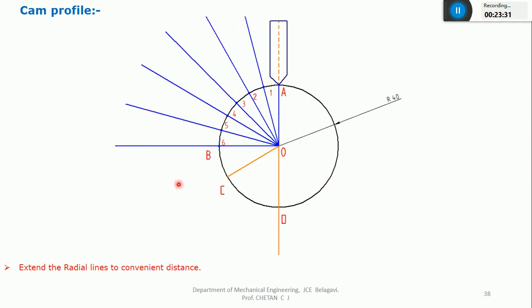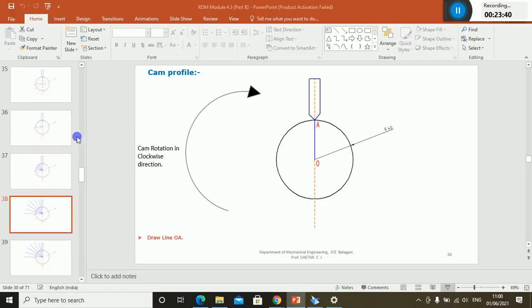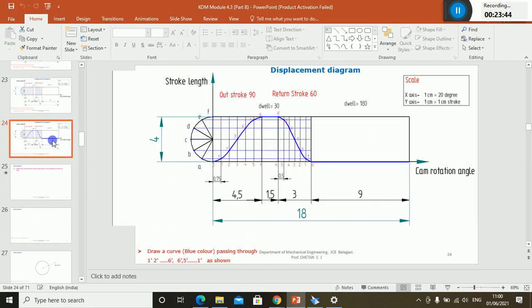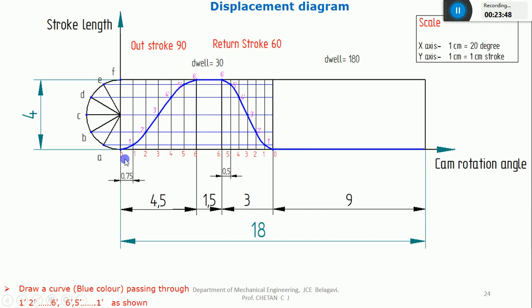Okay. So after this, just take this point as reference point 1. You need to transfer the distances from the displacement diagram. I'll go towards the displacement diagram. So this was the displacement diagram. After this, in the cam profile, you have to transfer these distances.